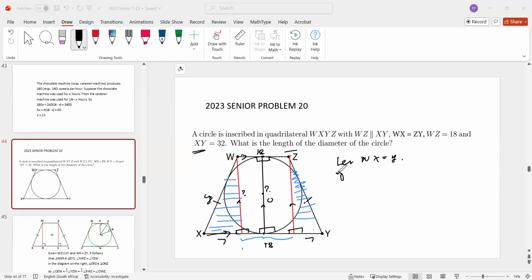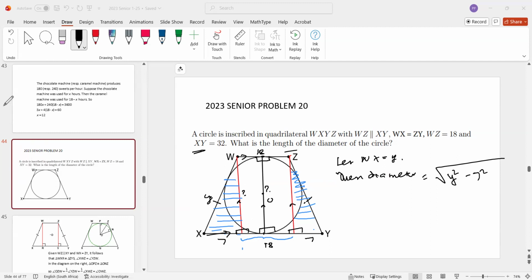Then the diameter is equal to the square root of, it's this red line, so it's the square root of y squared minus 7 squared. Because this right angle triangle here has got side 7, y, and this. So now I need to know what this side, WX, is equal to.